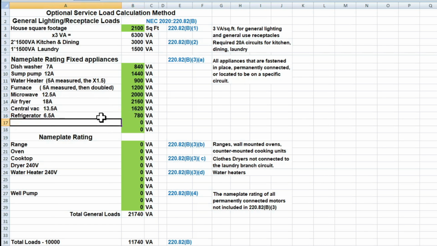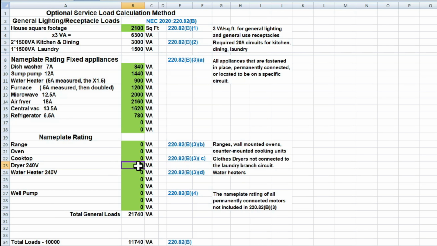And then further down the line here, according to 220.82(B)(3)(B), ranges, wall-mounted ovens, counter-mounted cooking units. So I provided a line for those: range, oven, cooktop. But I don't have any electric ranges, ovens, or cooktops, so that's 0. 240 volt dryer, 220.82(B)(3)(C) says clothes dryers not connected to the laundry branch circuit.